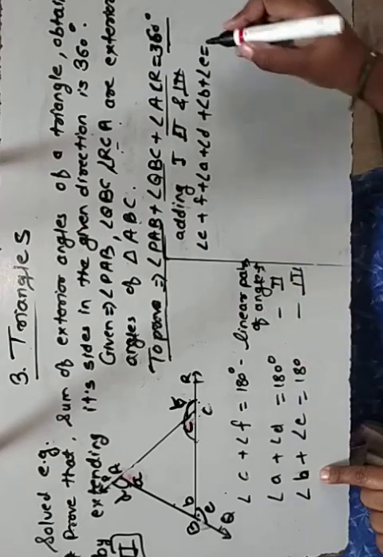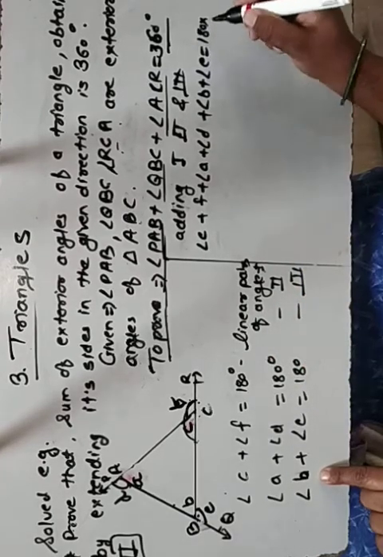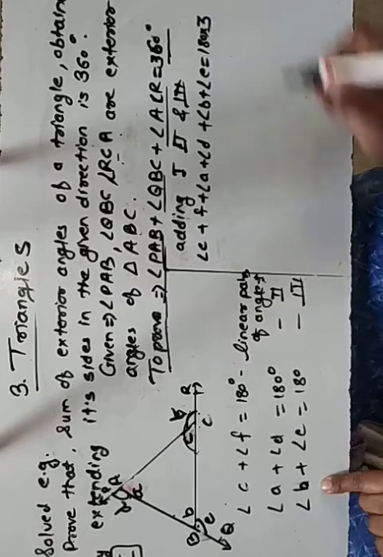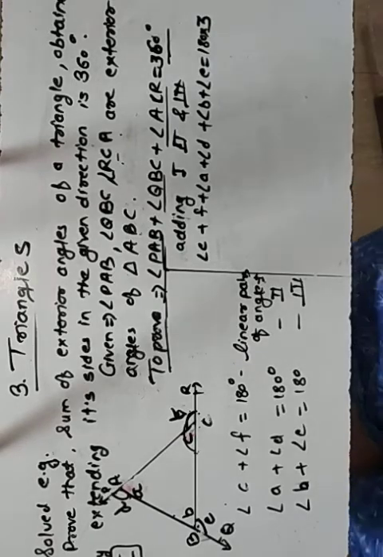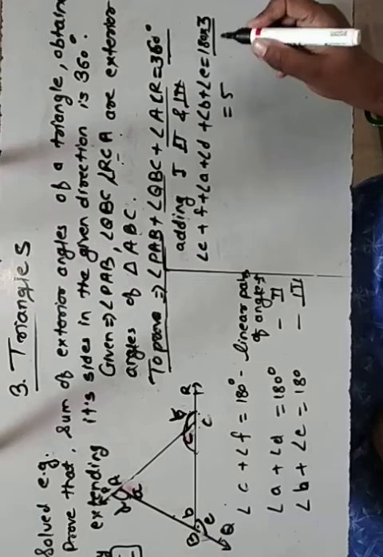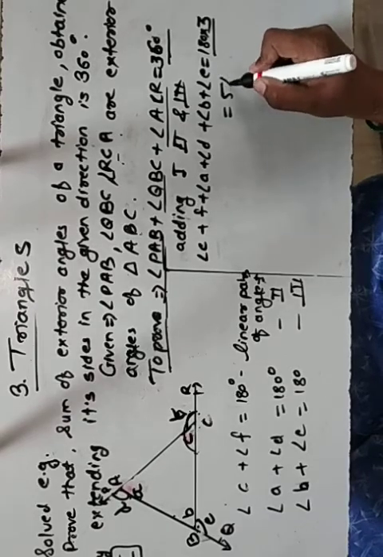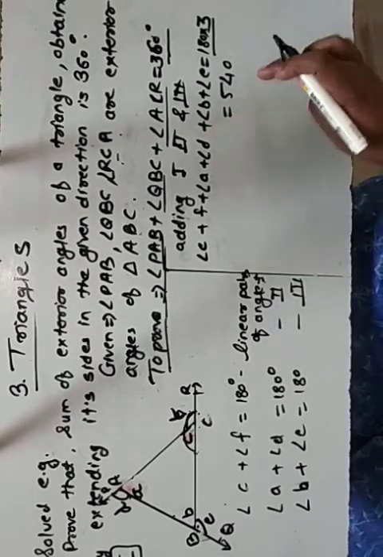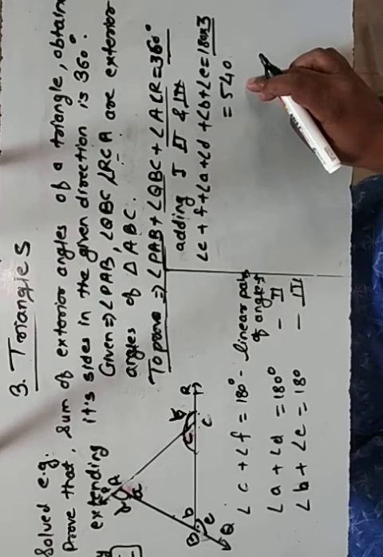Three times 180. 180 into 3 is 540. So the sum of all these angles is equal to 540 degrees.